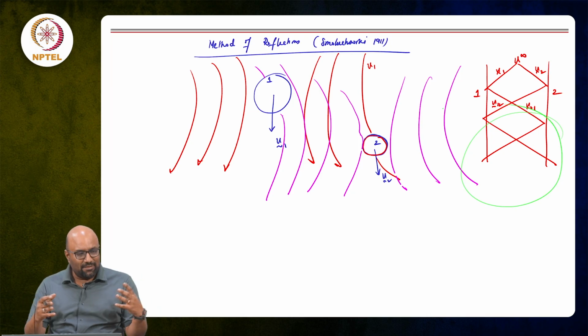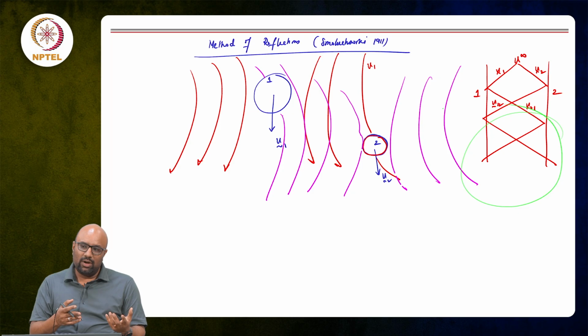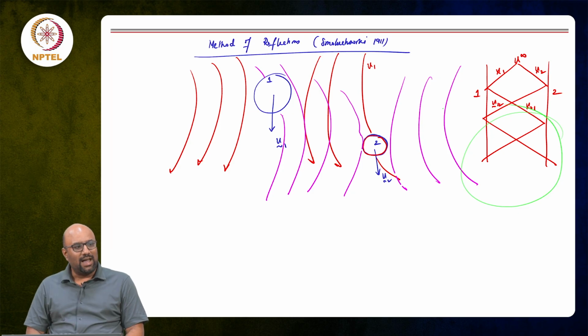But if you bring them closer, you are not going to find accurate answers with one reflection. You might need 5 reflections, you might need 10, depending on how much closer you have brought them. So this approach is ideal to get a feel for how two objects are interacting, mediated by the flow.